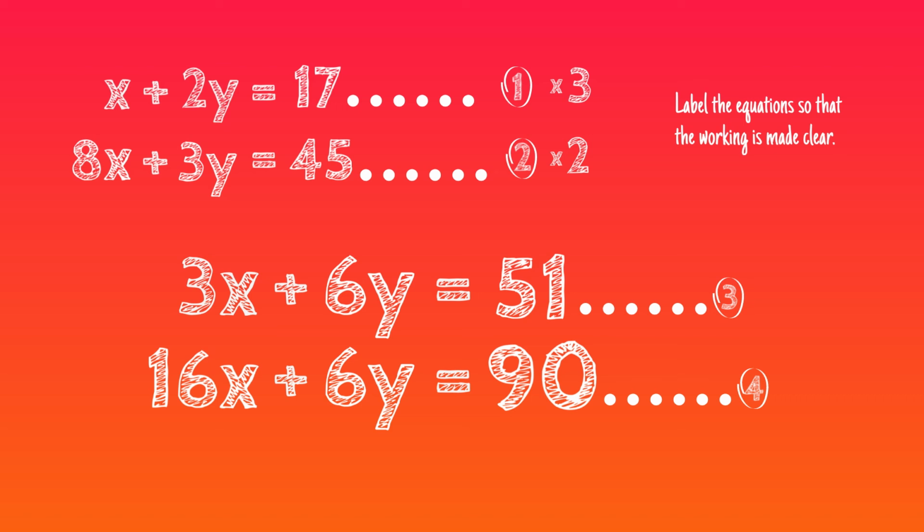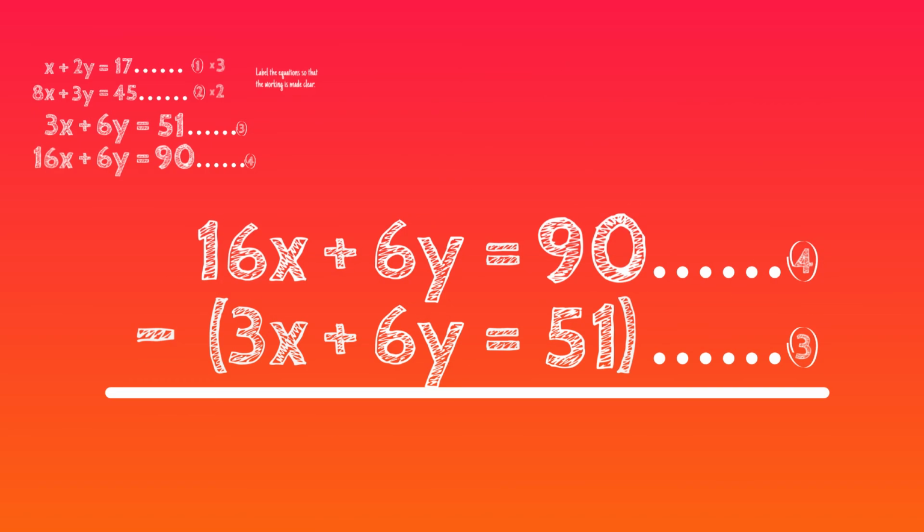So we are going to set it up like this. 16x plus 6y is equal to 90. Take away, open bracket, 3x plus 6y is equal to 51, close bracket. Equation 4 takes away equation 3. So 16x take away 3x gives us 13x.